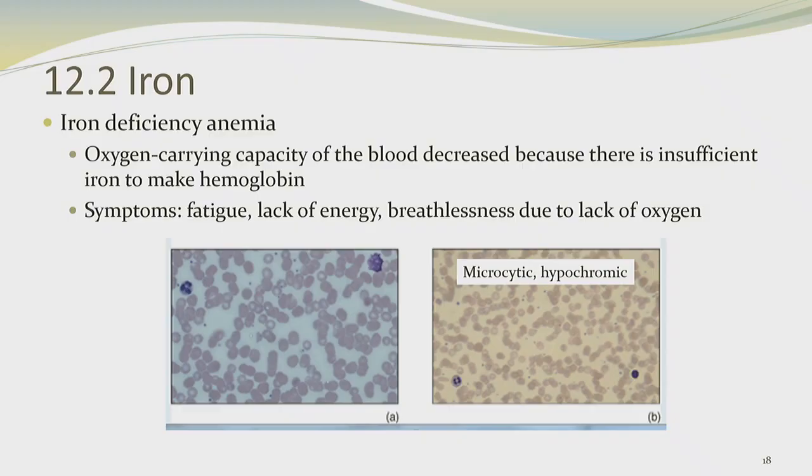And so typically you will find people who are deficient in iron having breathlessness, extreme fatigue, lack of energy, and this is often due to the lack of oxygen moving around to produce the energy that they need. Remember oxygen's role in aerobic respiration and in release of ATP as well. Okay.